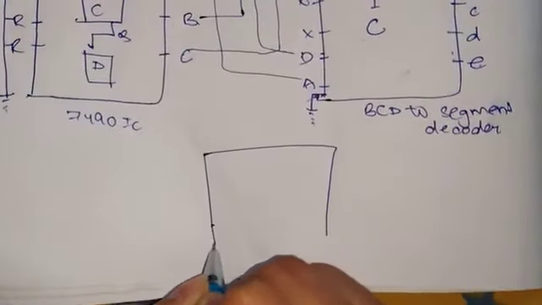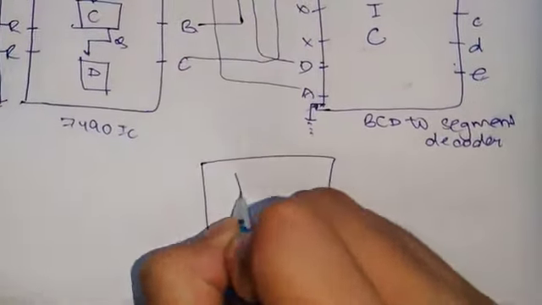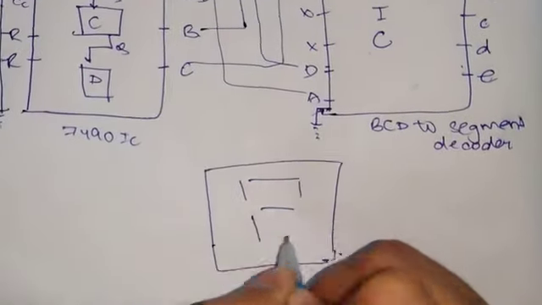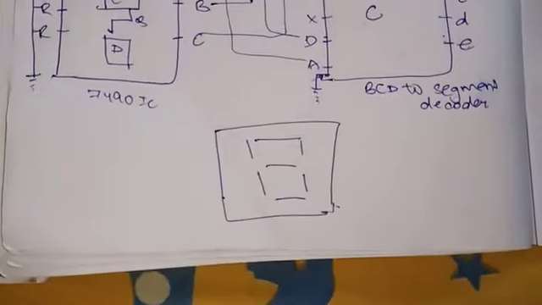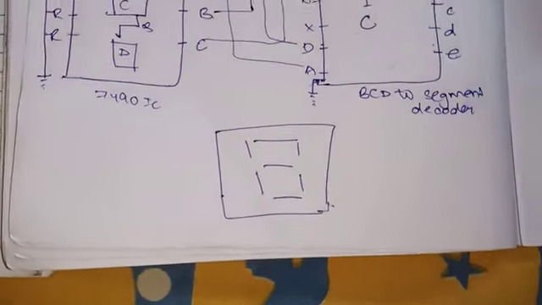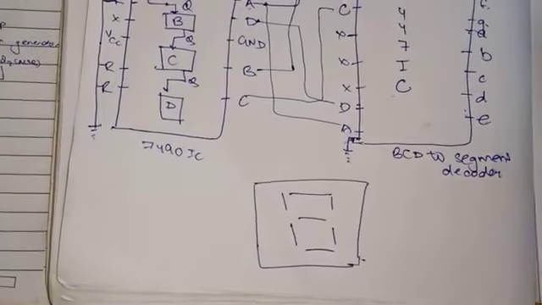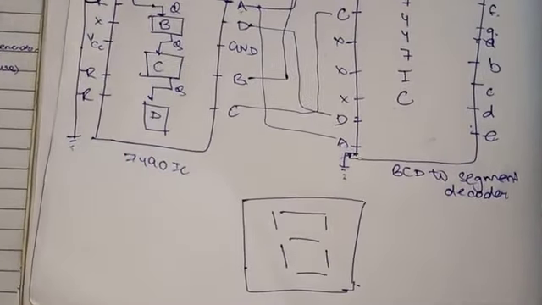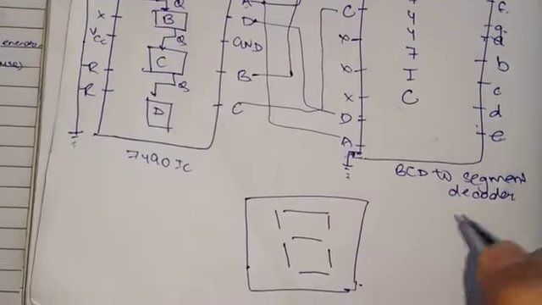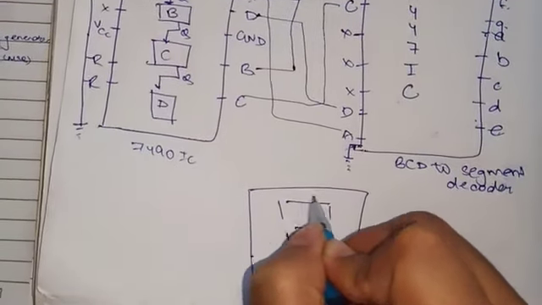Just draw it like this, I'm drawing roughly. Be careful about the way you draw in an exam, because practical exams need to be very neat and clean. The way you present things, the teacher should understand it.